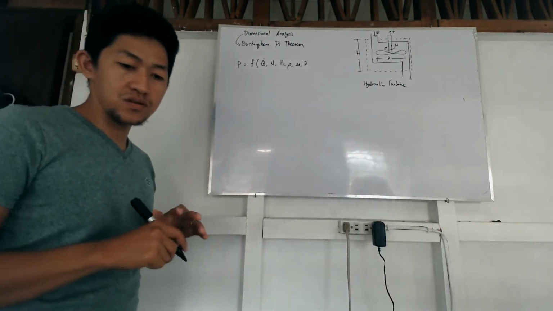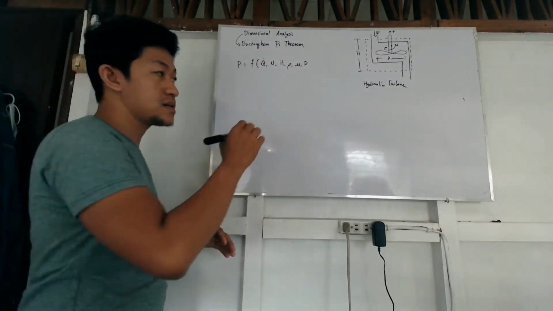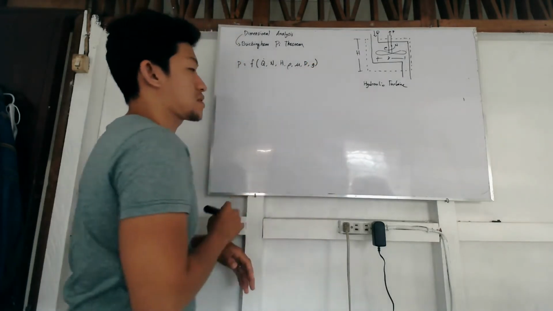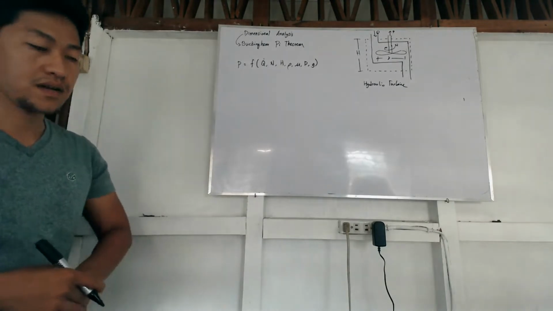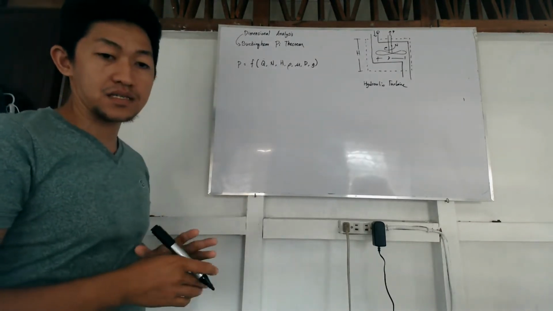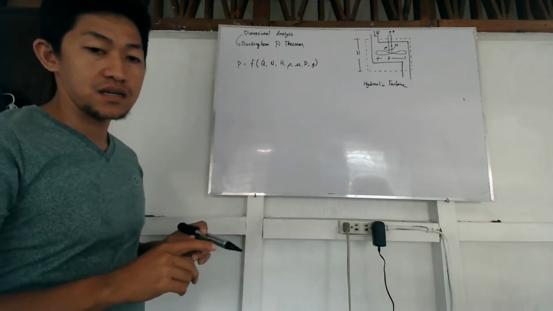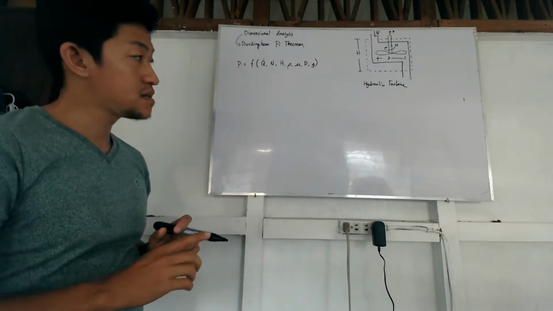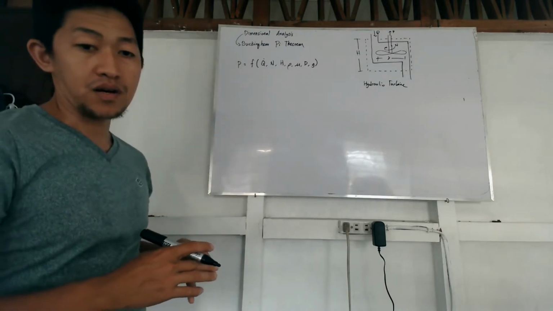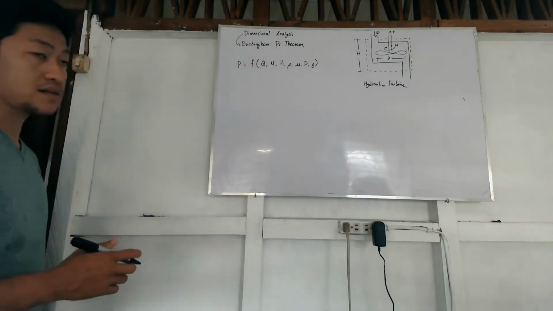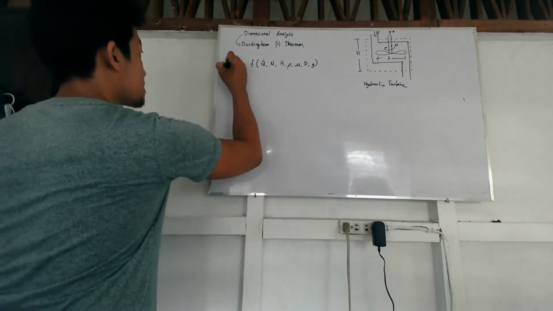And also the acceleration due to gravity. So those are the parameters or variables that will affect the power output of your turbine. That is the first step.